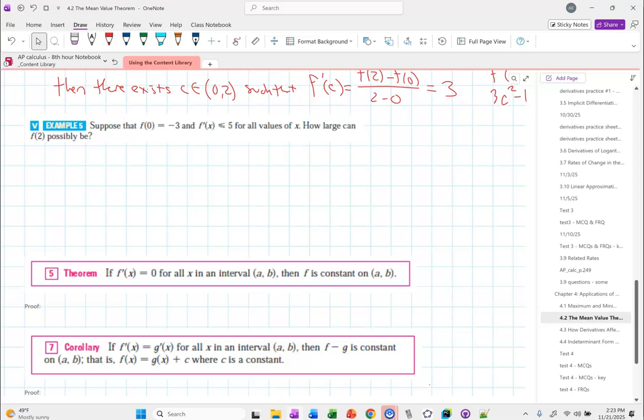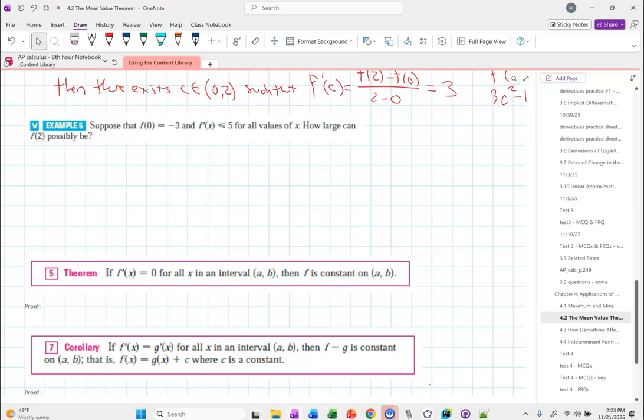When you see how large can something be, probably it's going to be one of these value theorems. Since we're given information about the derivative being less than or equal to, you probably want to use the mean value theorem. So let's try setting that up.